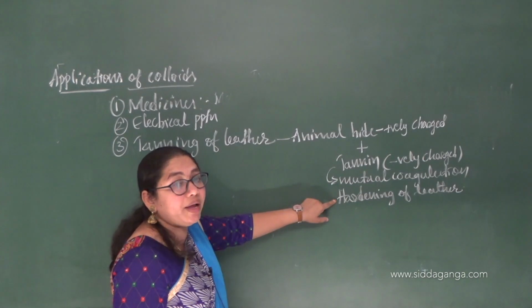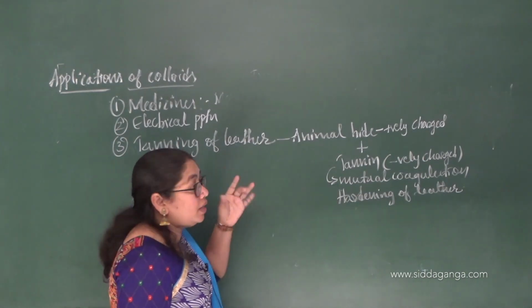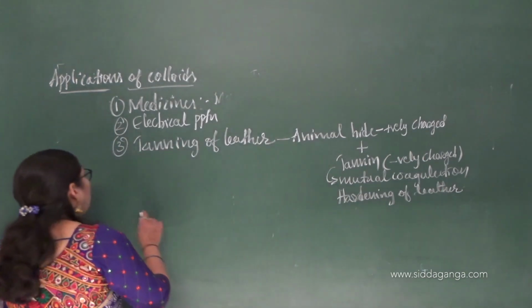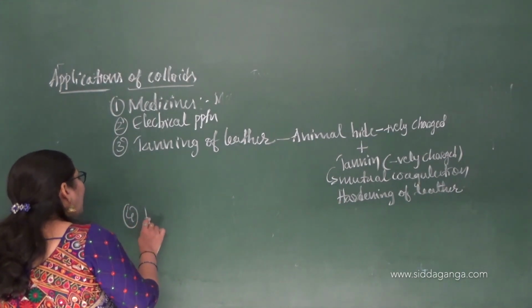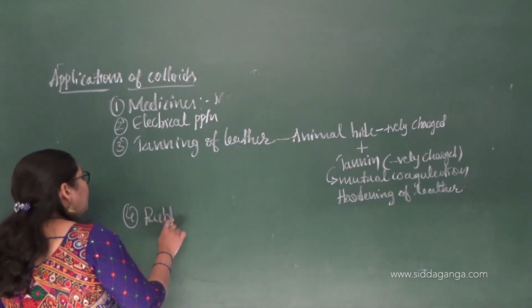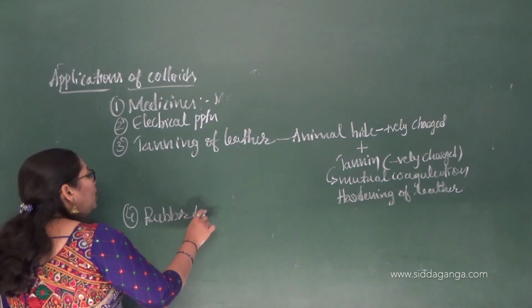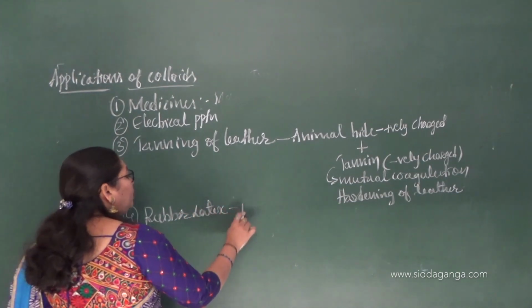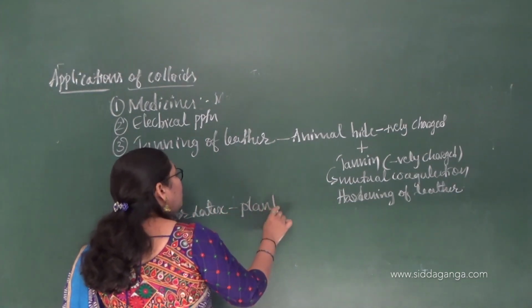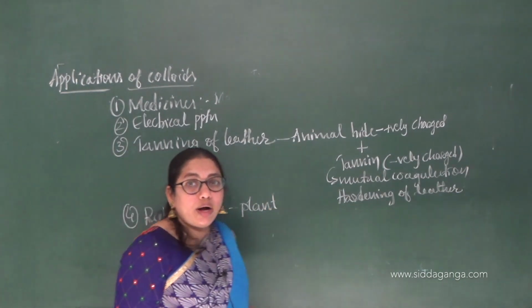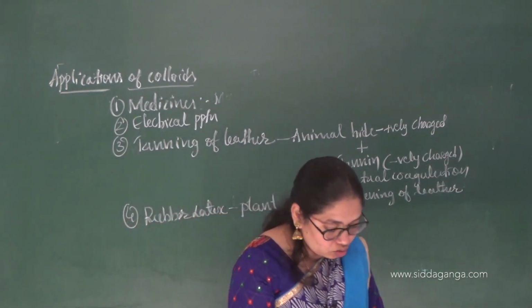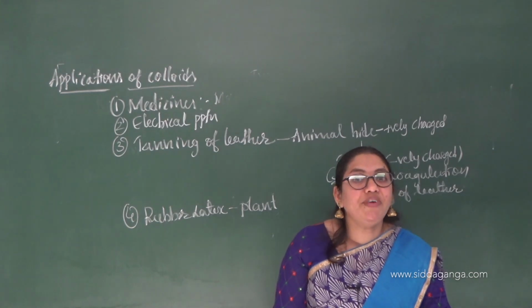This is one more application of colloids, right? Again you have one more, that is rubber latex. You know that rubber latex is obtained from plants. That is also an example of colloids. You use rubber in various fields, right?